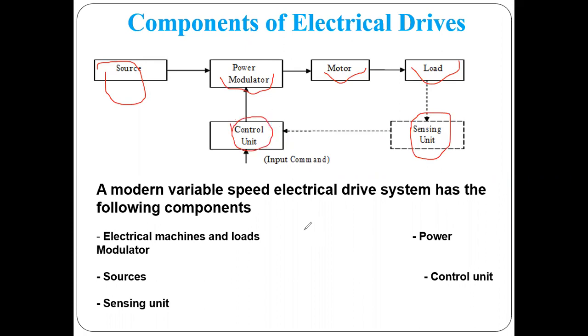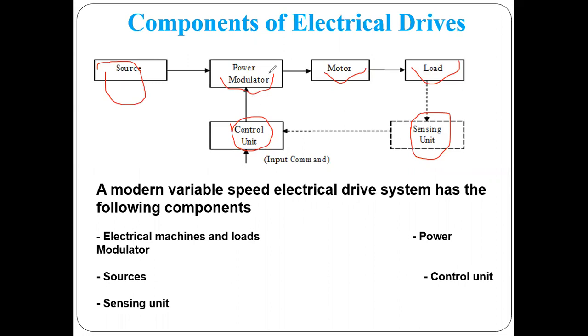So an electrical drive is the combination of these six blocks: source, power modulator, control unit, motor, load, and sensing unit. One by one we will discuss the explanation of this block diagram.